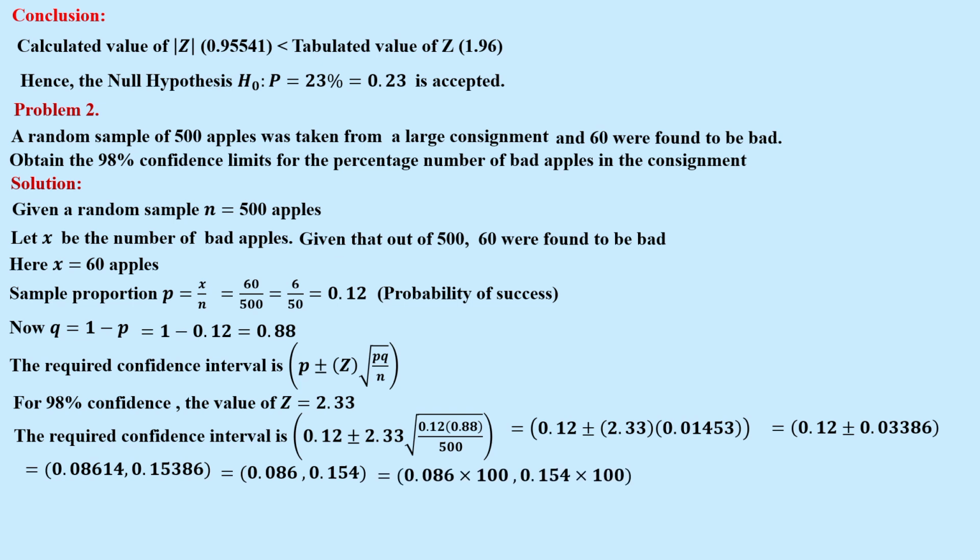So in the percentage, so into 100, so they are asking 98% confidence limit for percentage number, right? So that is why we are multiplying with 100. So 8.6% to 15.4%, that is the percentage, right? Within this the bad apple should be.